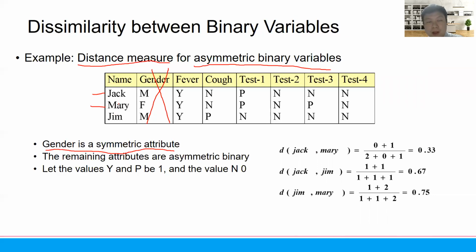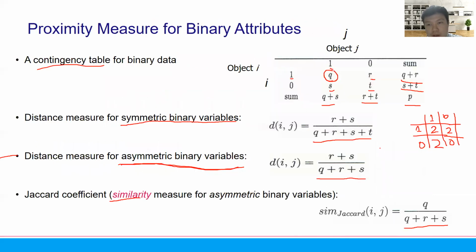Before we continue, we need to understand Y and P. Y means there is a fever, N means negative, P means positive. Y and P equal 1 and N equals 0. So if you want to compare Jack and Mary, check the Q, R, S, T, and the formula will be R plus S divided by Q plus R plus S.